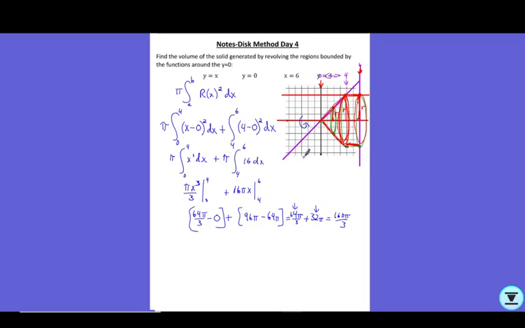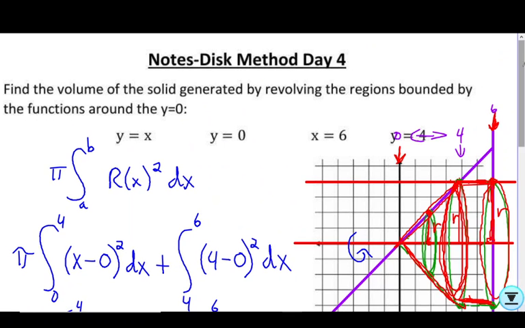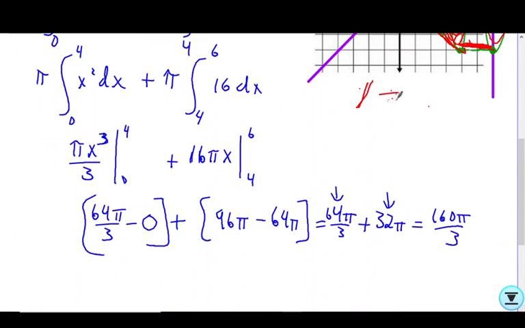So the volume of a cylinder is equal to, if my board would help out, pi r squared h.